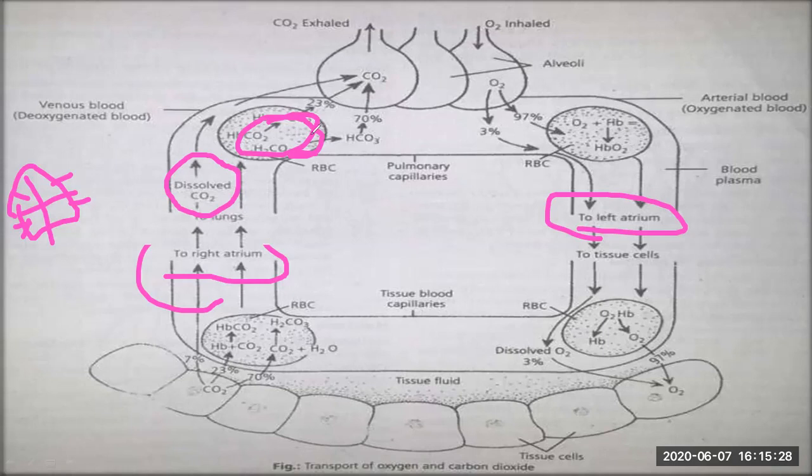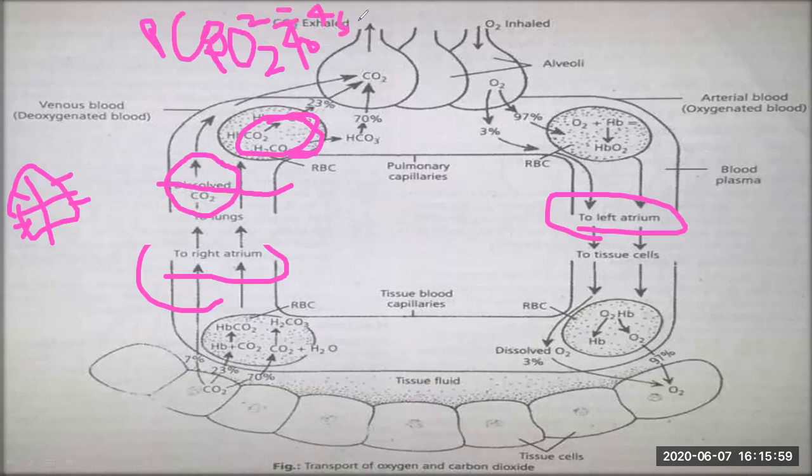Now these RBC cells come through the pulmonary artery, and the pulmonary artery carries much deoxygenated blood, meaning the PO2 is very low. PO2 is 40 mmHg, and PCO2 is 45 mmHg.